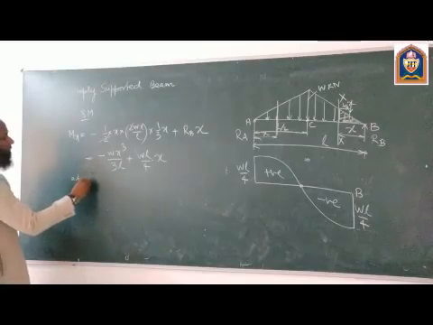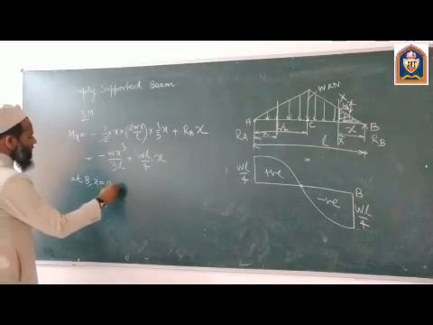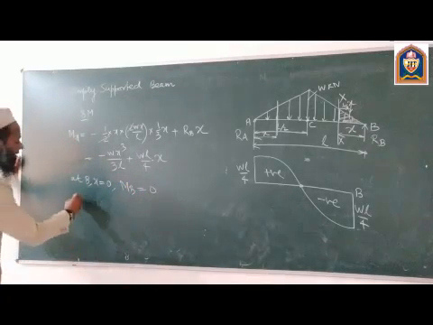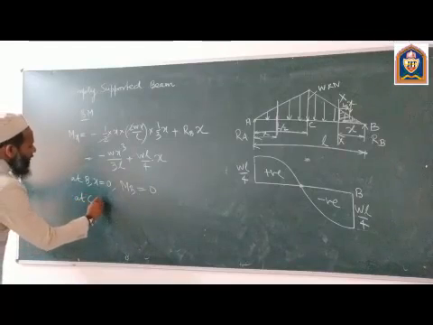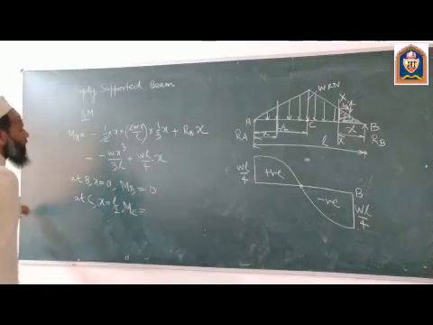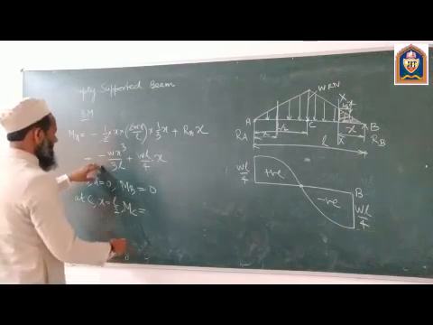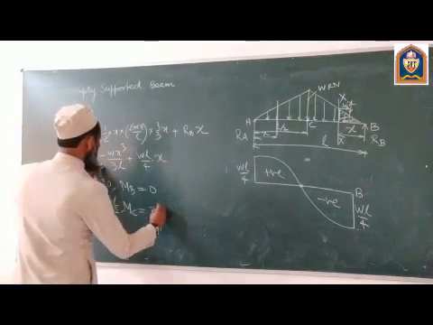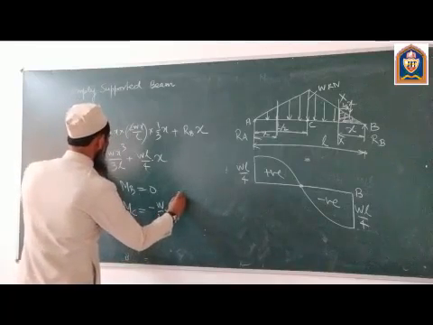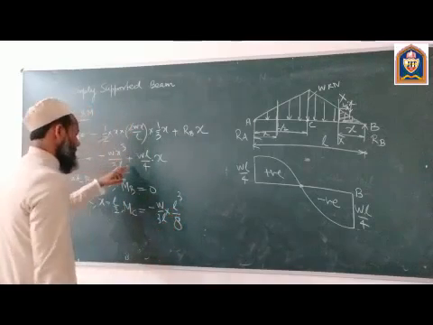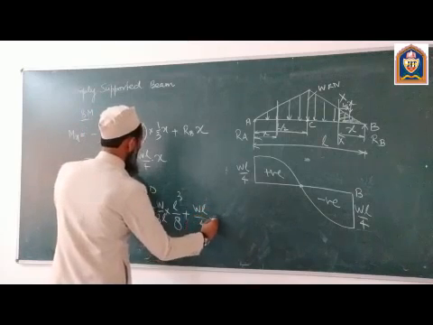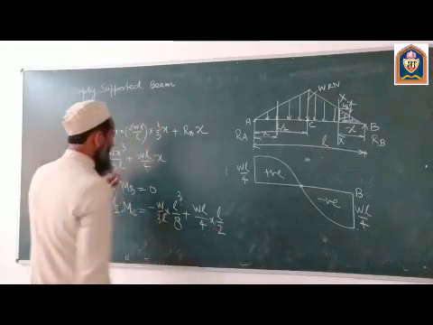So at B, the value of x is 0, so MB is 0, and at C, the value of x is L by 2, so MC will be equal to, you have to put L by 2 here, minus W upon 3L, so this is L cube upon 8, plus WL upon 4 multiplied by 1 by 2.